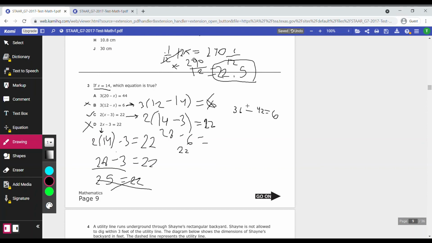Be careful about the signs here, because the negative 42 overpowers the positive 36. Next, 3 times 20 minus 14 equals 44? 60 minus 42 is equal to 18, not 44. So our answer is C.